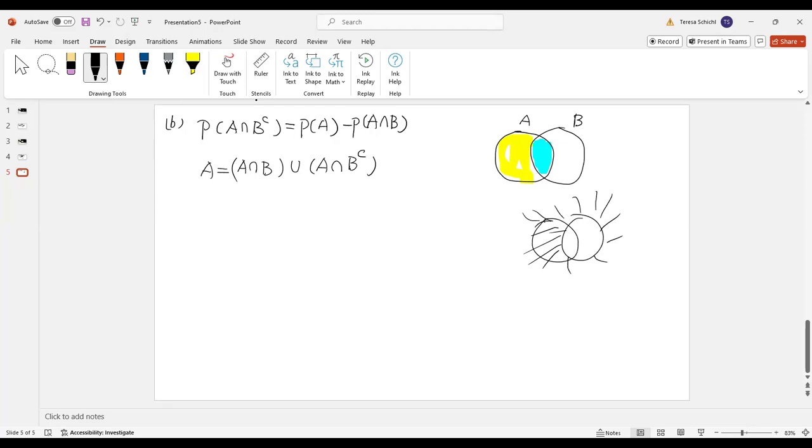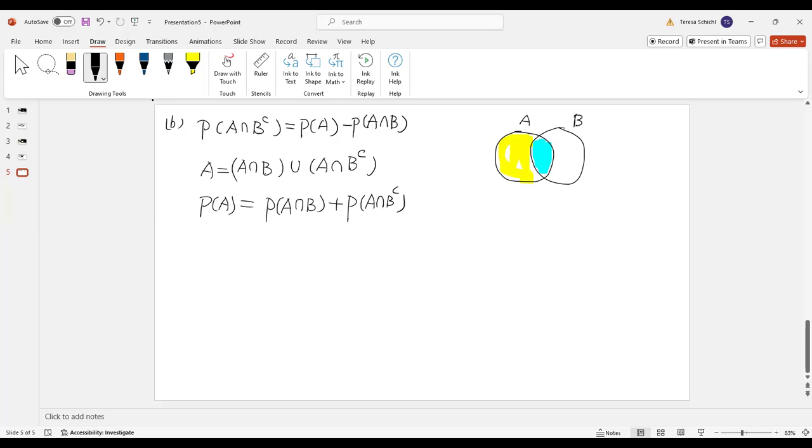Now I can put the probability notation on again. P(A) is equal to P(A intersect B) plus P(A intersect B complement).